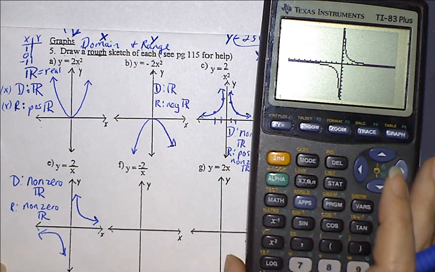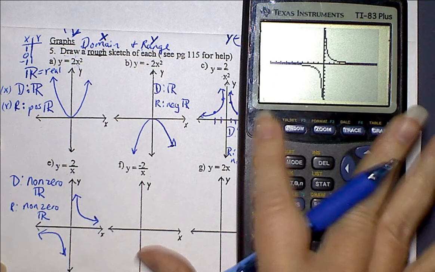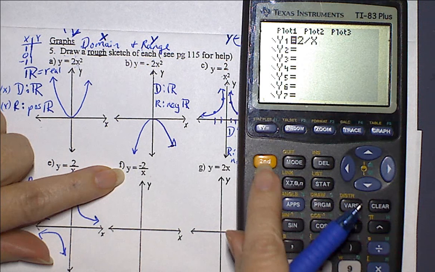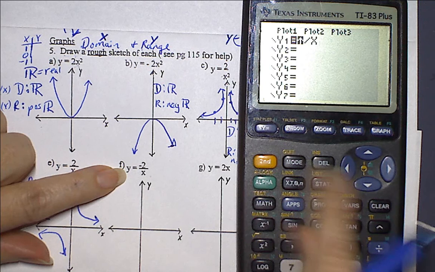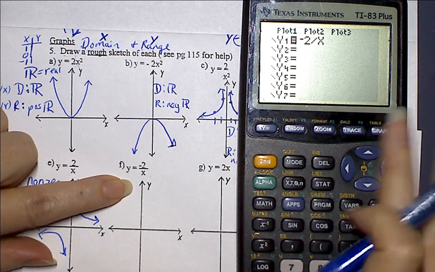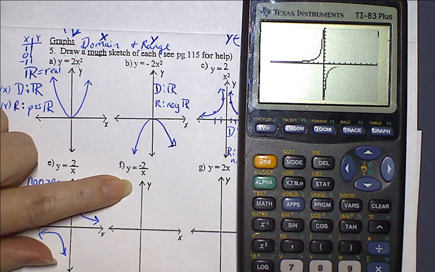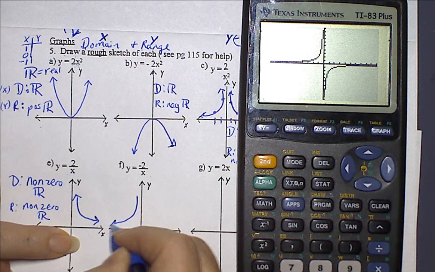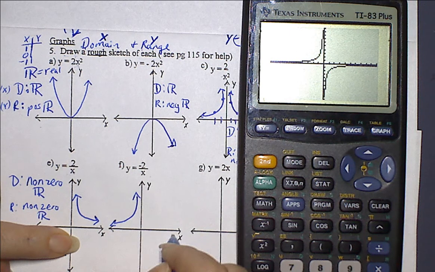So I'm going to put in the calculator now, and I'm going to insert that negative. So you go second, insert, and then I'm just going to insert a negative because now I have negative 2 divided by x, and then graph. Now it's in my second and fourth quadrant.